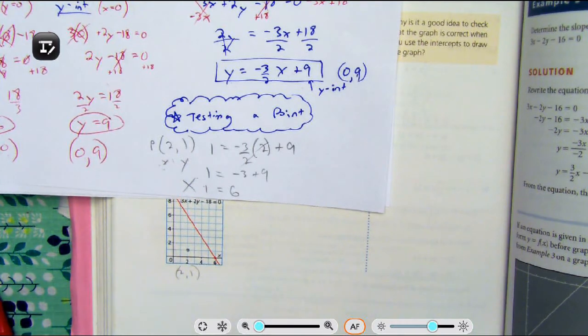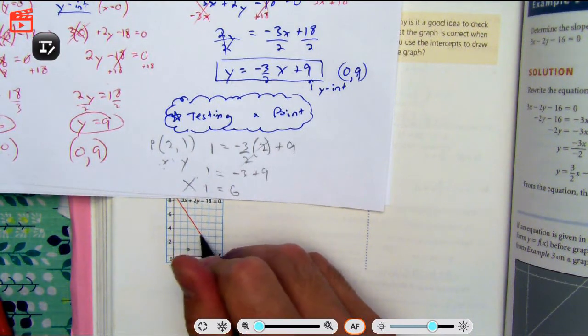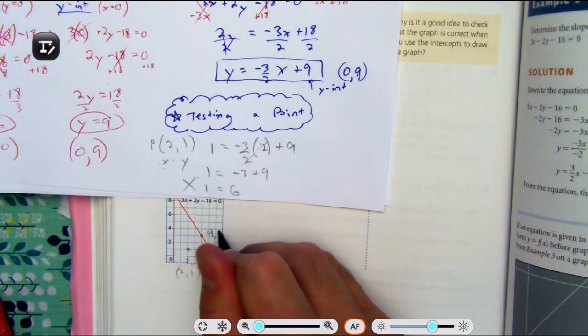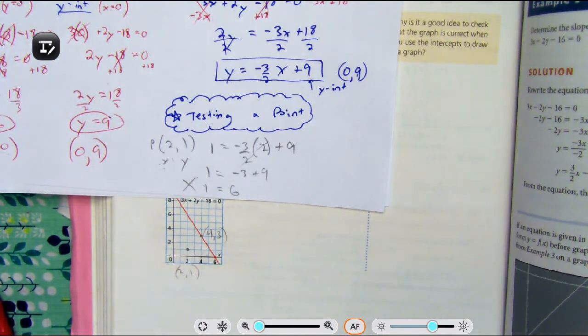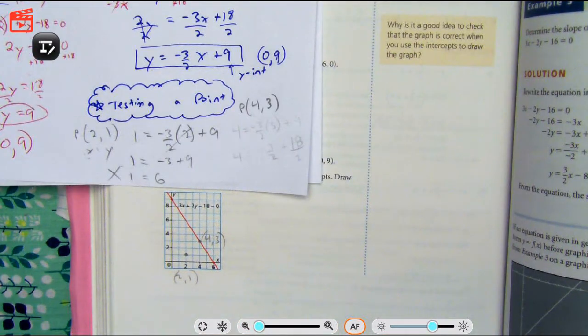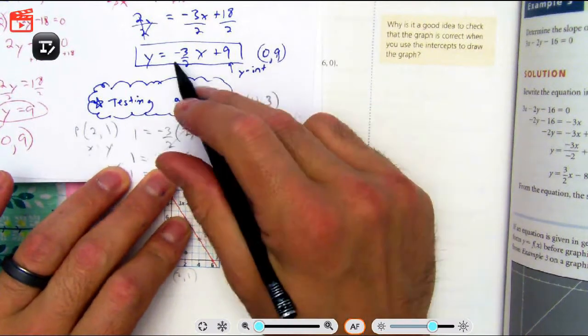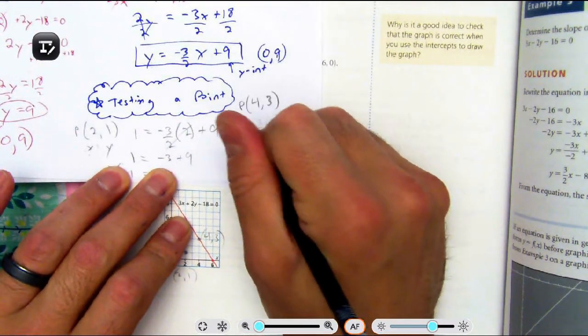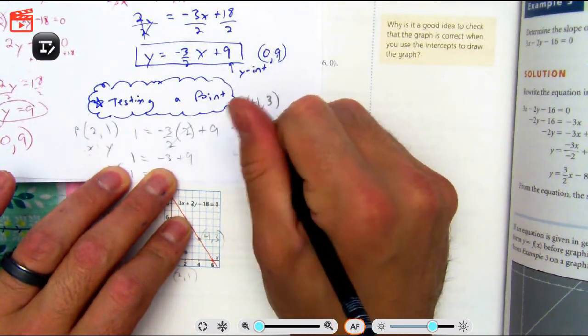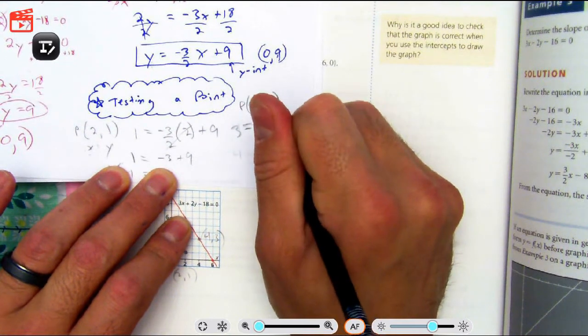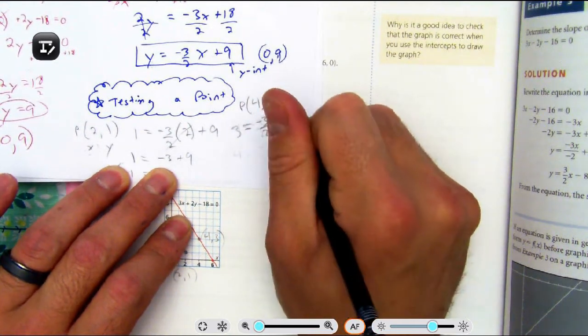What happens if I test a point that actually is on the graph? Like, for example, (4, 3). That one looks like it's on the graph. So let's watch what happens when we test a point we know is on there. So you put your 3 in for your y, and you got your negative 3 over 2, your x is a 4, plus 9.